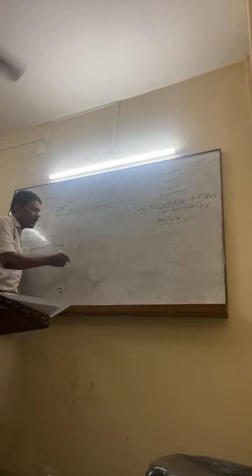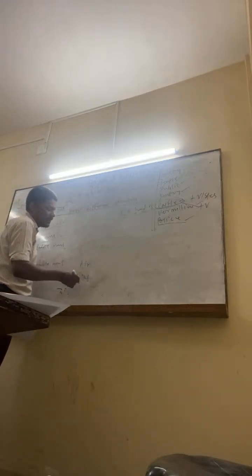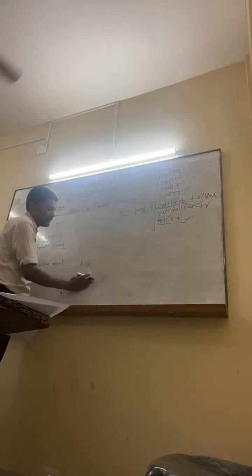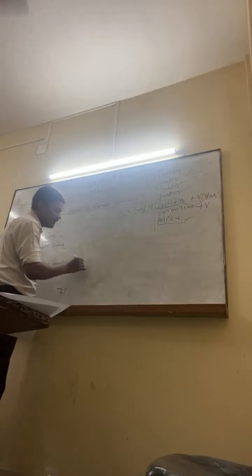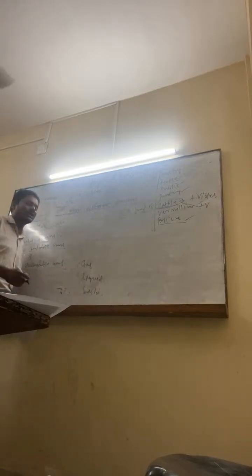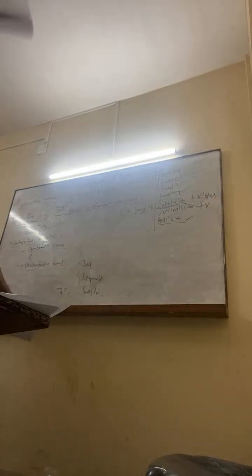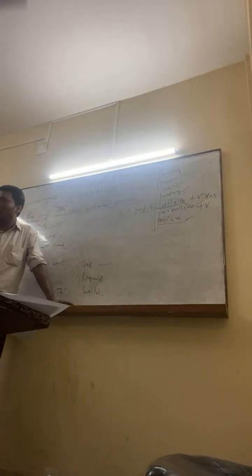And uncountable nouns, you can say air, gas, liquid, and solid. So this can be called a kind of uncountable noun. Under the air you can say nitrogen gas, hydrogen gas, air, right?